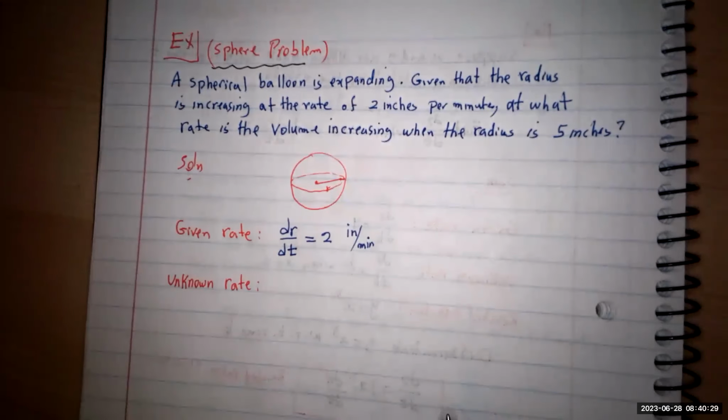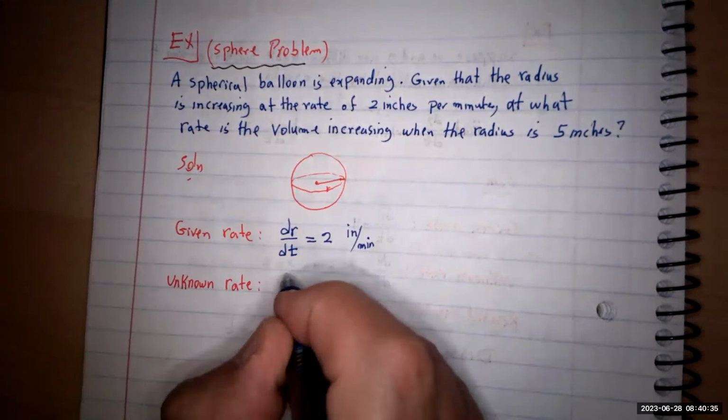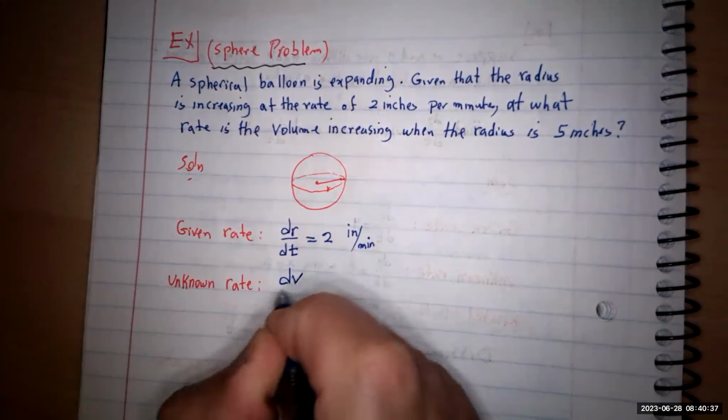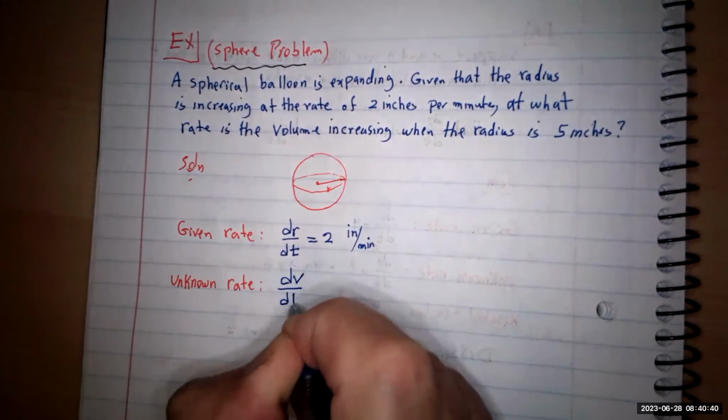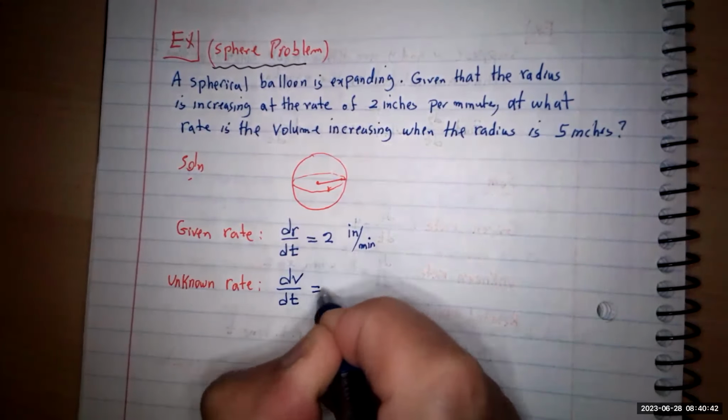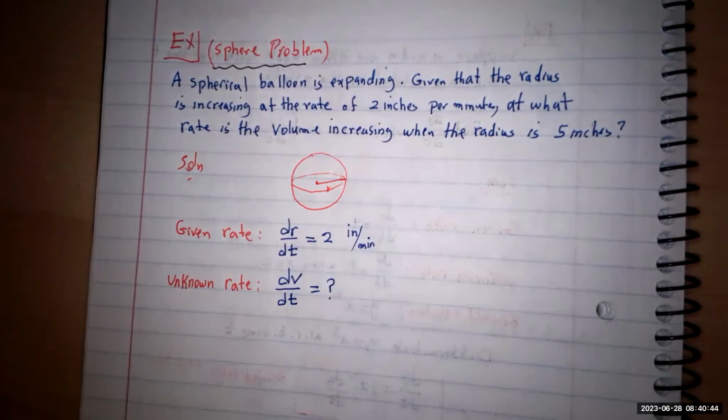So the unknown rate is the rate of the volume. Volume is denoted by V, so the missing part is dV/dt. But you need more information, because you are going to find it at a special time, if you like, or a special place.